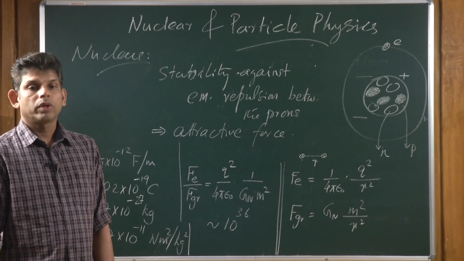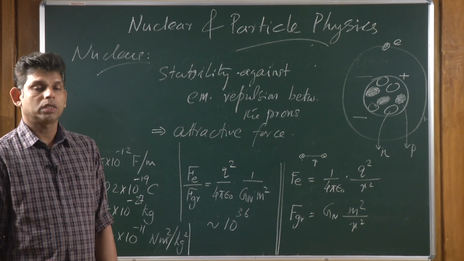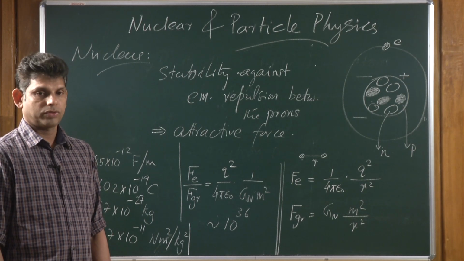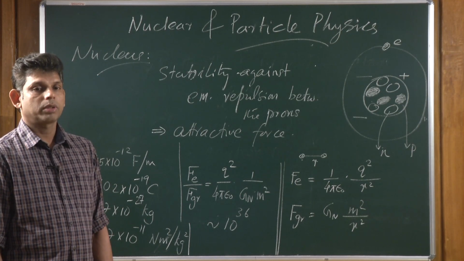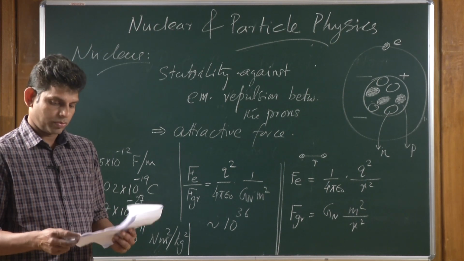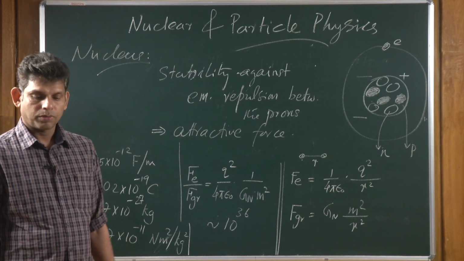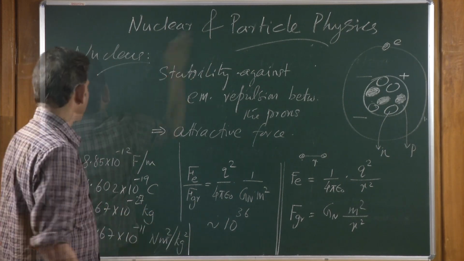So, the electric force is much stronger than the gravitational force. It is something like 10 power 36 times larger. So, definitely that is not going to help us. This will not help.